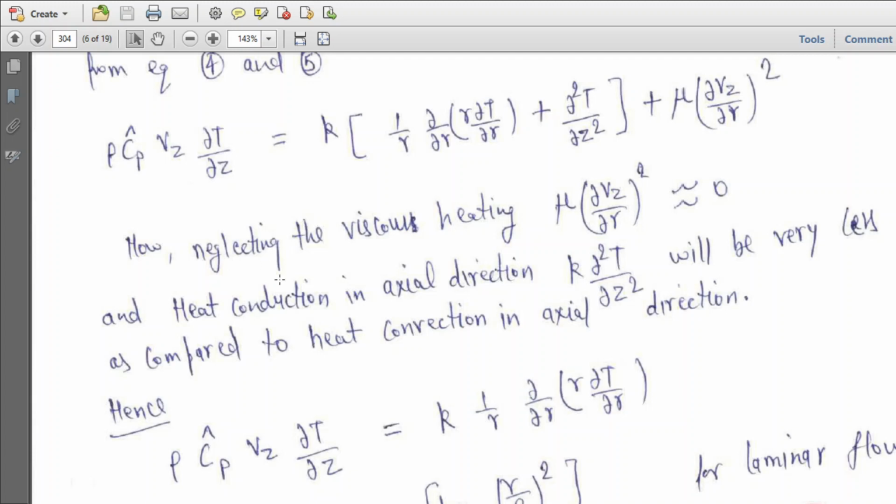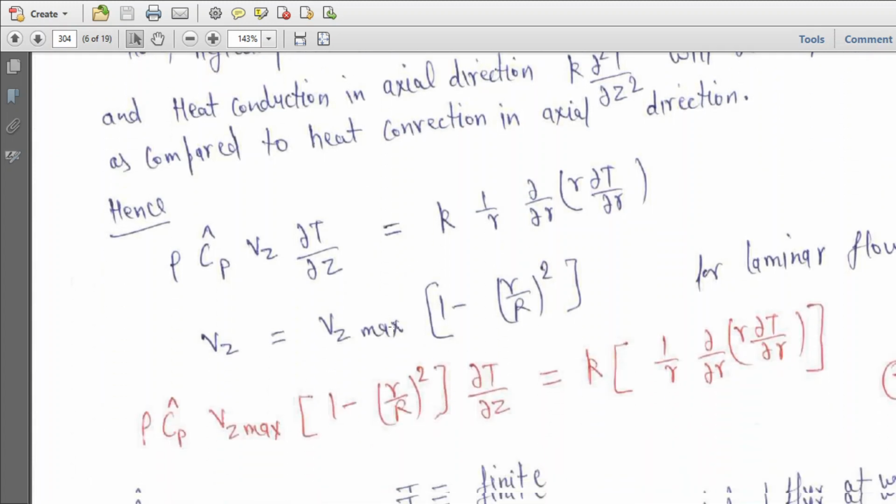Conduction in the axial direction we are again neglecting, because there is a direction of flow, so the heat transferred by convection would be many times higher as compared to conduction. Therefore, by comparative analysis, we are neglecting this term here.